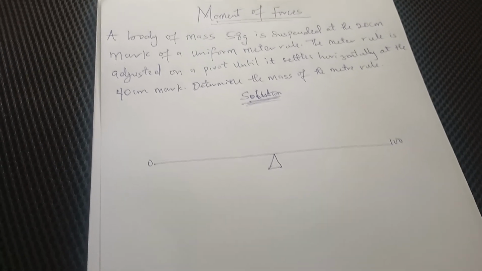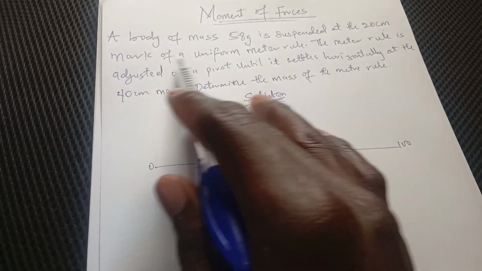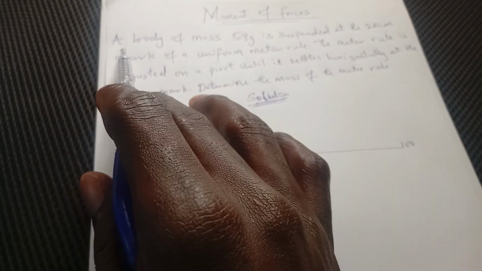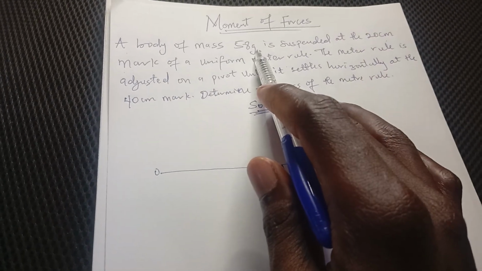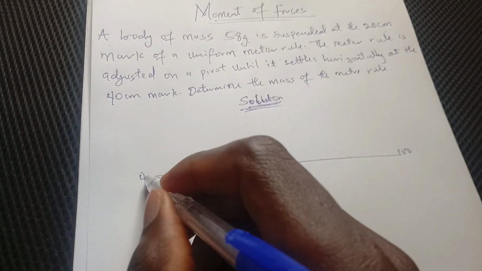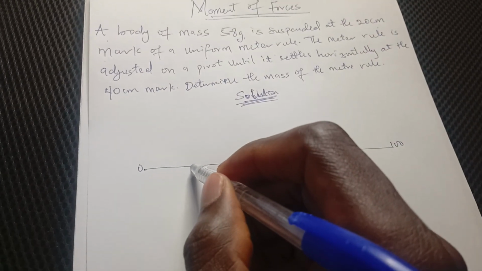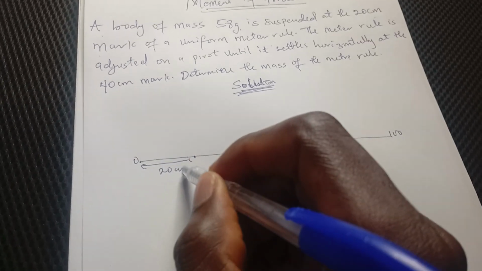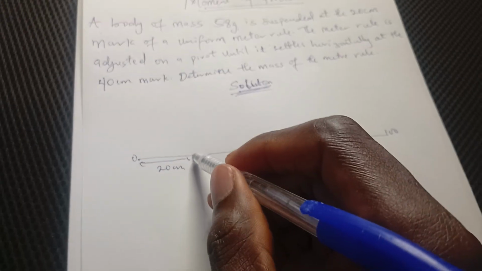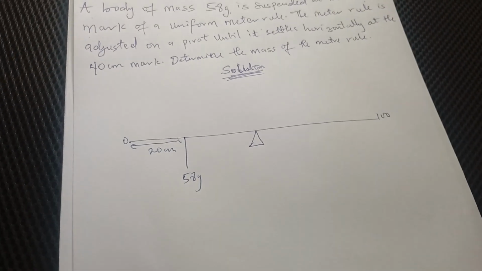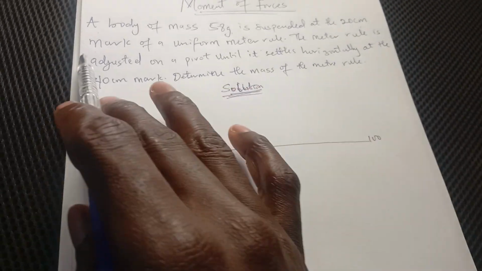So from 0 to here is the 20 centimeter mark, and that mass of 58 grams is being suspended here, at the 20 centimeter mark of the meter rule.